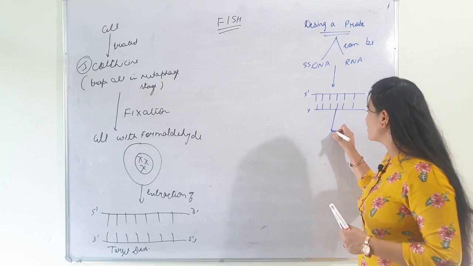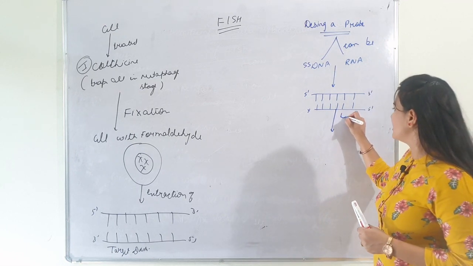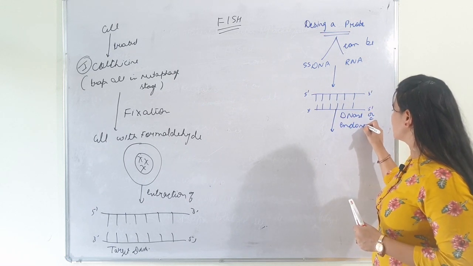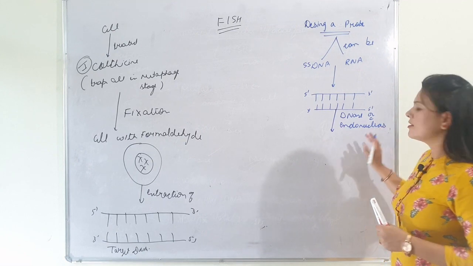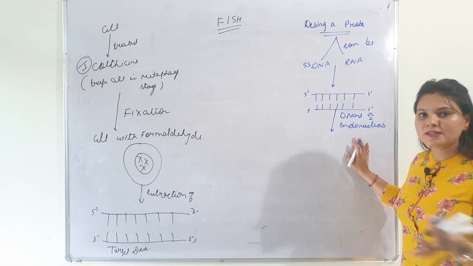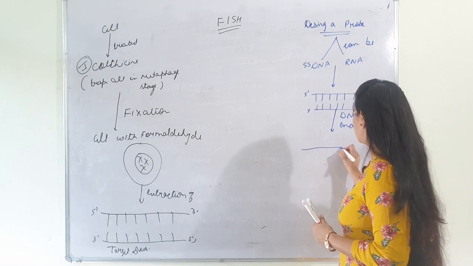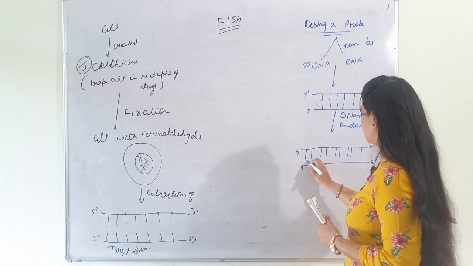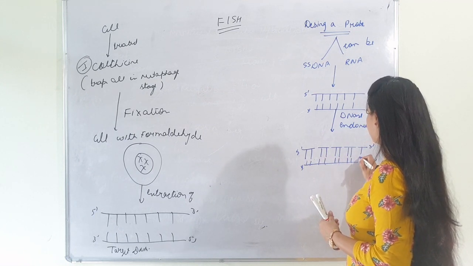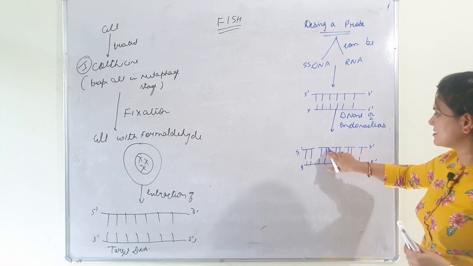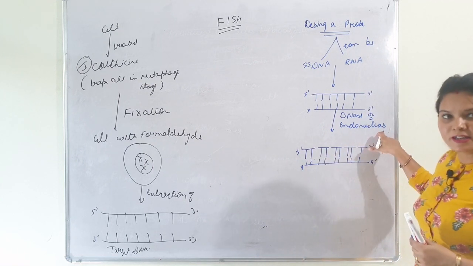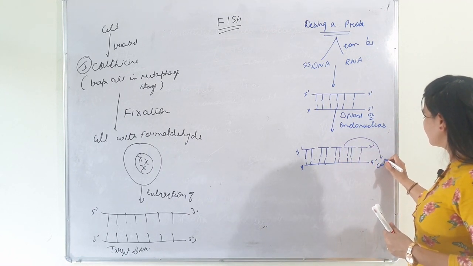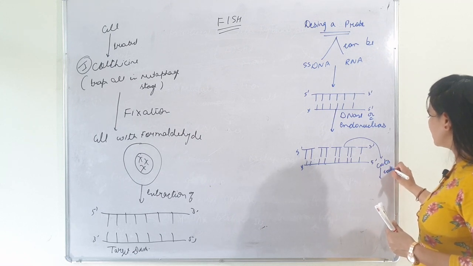Now, this probe is subjected to treatment with DNase enzyme or endonuclease, which introduces random cuts in this probe. These cuts are also called nicks.